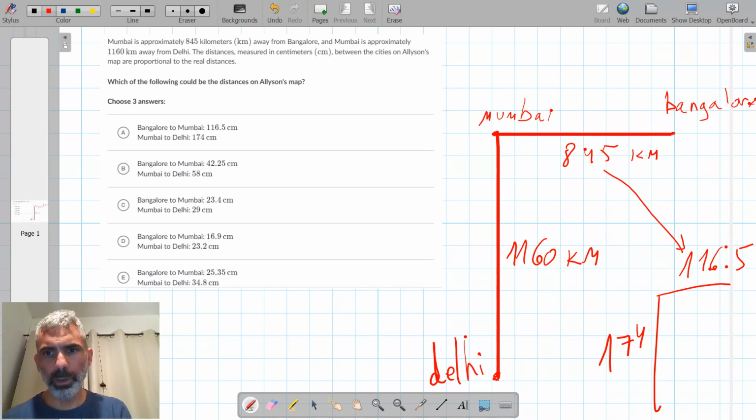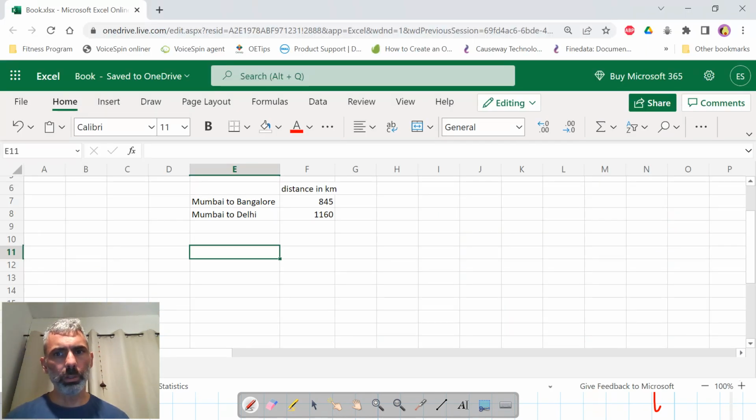So 845 needs to relate to 116.5 the same way as 1160 relates to 174. So we need to find the relationship between 845 and 116.5 and see the same relationship here between 1160 and 174.